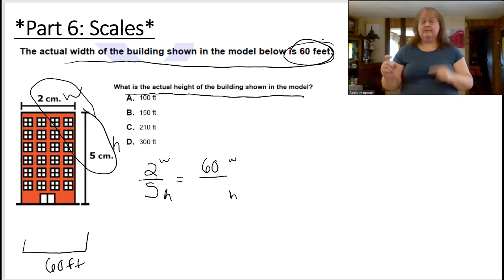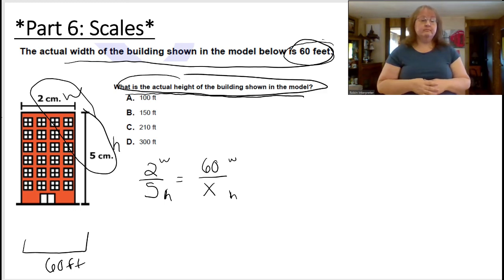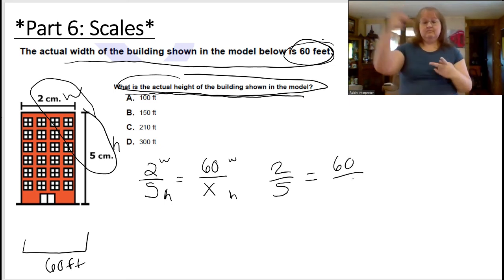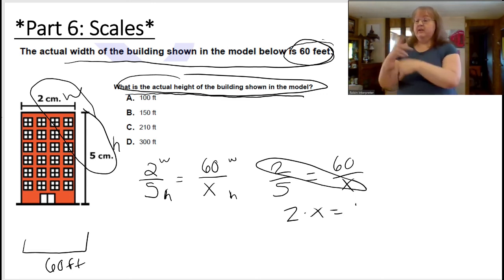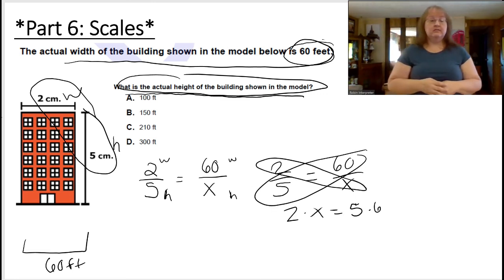Then X is on the bottom because we don't know the actual height, since that's what it's asking: what is the actual height of the building? Now we can use our butterfly method. So let me rewrite it: 2 out of 5 is the same thing as 60 over X. 2 times X equals 5 times 60.